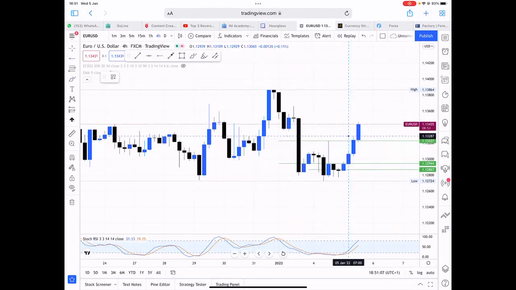You are picking only the highest wick of the previous candle. And this is the previous candle here. This is the highest wick. Only the highest wick.